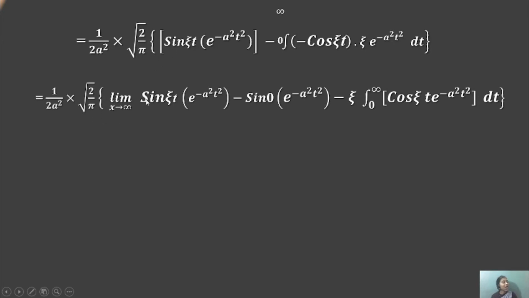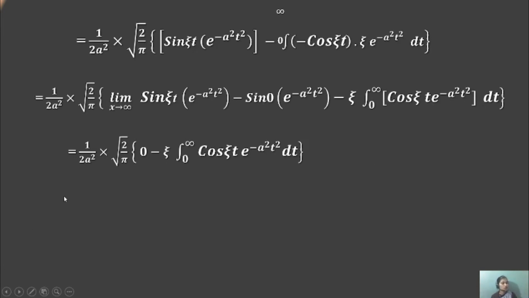In the previous lecture we stated how this formula is obtained, and the boundary value is generated as 0. Then the value is 1 upon 2a square root of 2 by pi, times 0, minus, since sin 0 is also 0, minus xi integral 0 to infinity cos xi t e to the power minus a square t square dt.